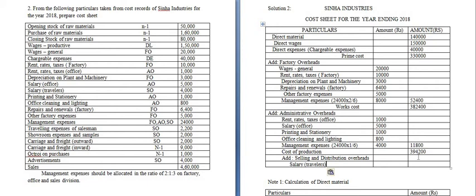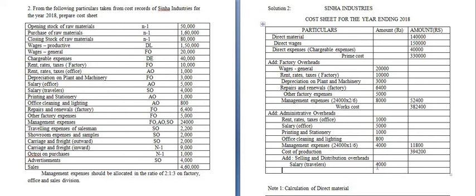Now amount is how much? 4,000. So write it in the inner column, that is 4,000. Okay. Again go through the problem. Wherever SO we have written. Okay. Now here it is management expenses.